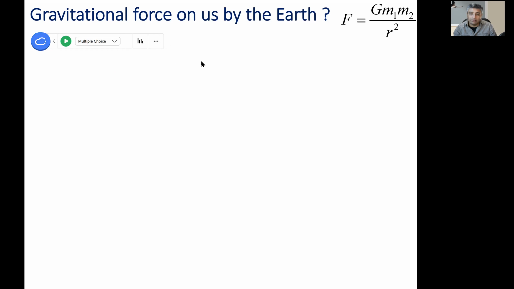Now let's look at circular motion on a big scale. The Moon is going around the Earth in a circular path. The Earth is going around the Sun in a circular path. So that means there must be a force.